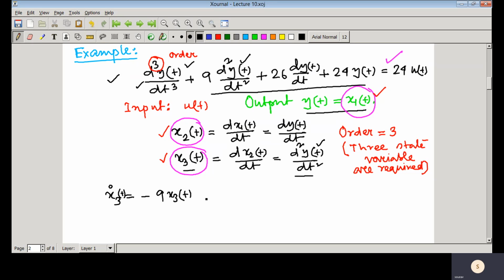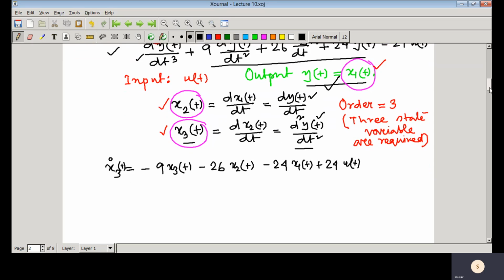Then minus 26 dy/dt, and dy/dt is equal to x2(t). Now minus 24 times y(t), and y(t) equals x1(t), and this term you have, that is 24 u(t).